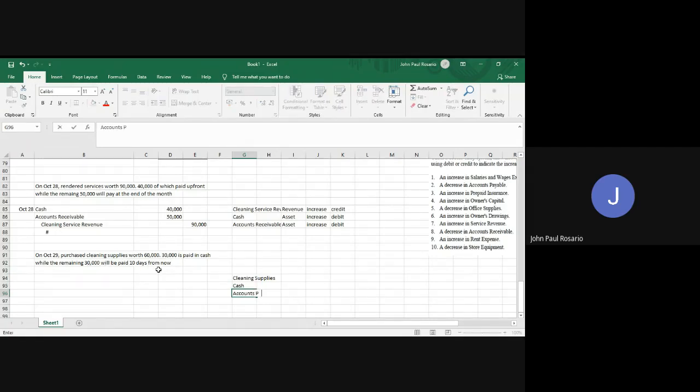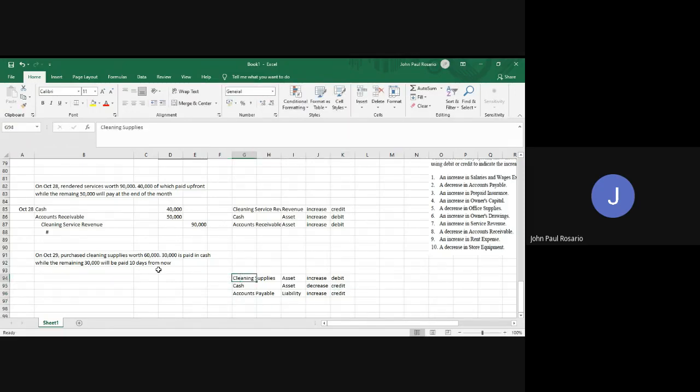So, accounts payable. Your cleaning supplies is an asset. Did it increase? Yes, your supplies increased. So, debit. Your cash is an asset, but you paid, so it decreased. So, credit. And your accounts payable is a liability, and your debt increased. So, credit.